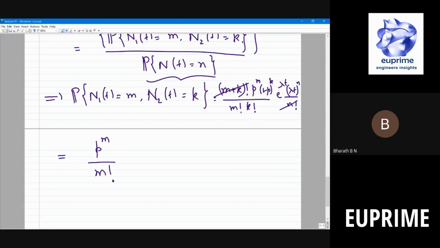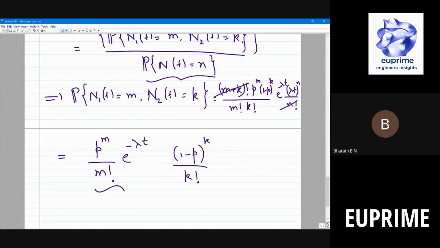Now I'll write this as e^(-lambda t). The remaining I'll write here: (1-p)^k by k factorial.